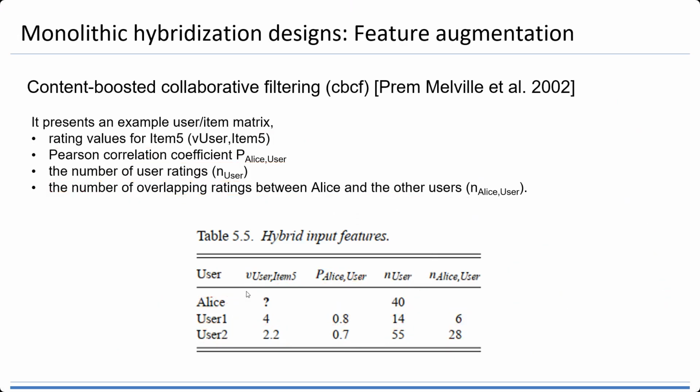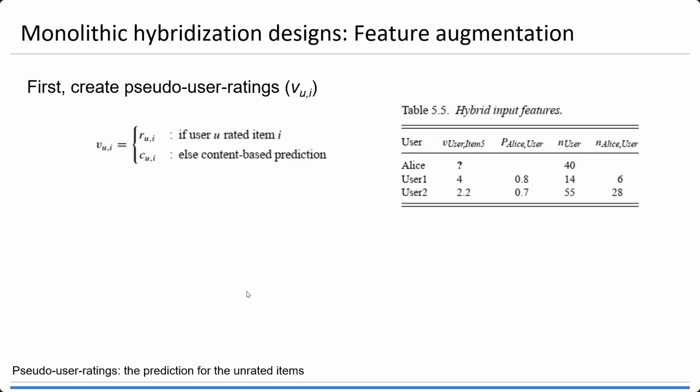So using this data, we can create what we call a pseudo user rating. Do you know the meaning? Pseudo user rating is a generated rating, meaning we create a new rating based on these features.